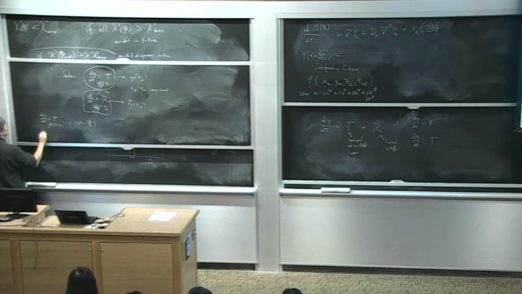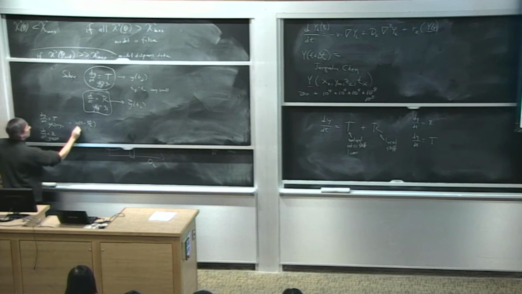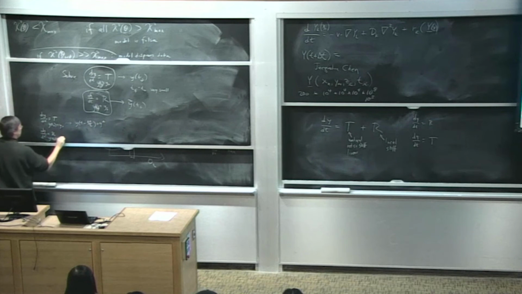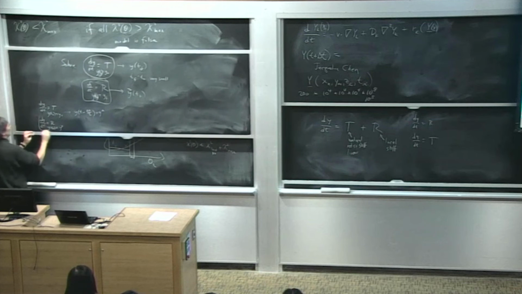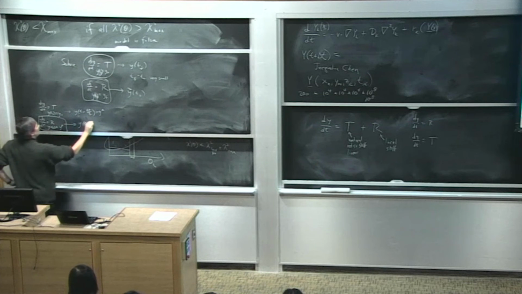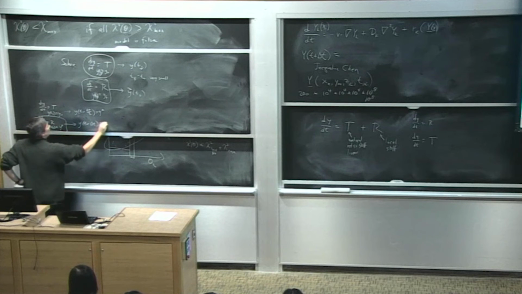Then I solve dy dt is equal to r, starting from y of t naught equal to, call this y star. And this I integrate out to y of t plus the full delta t. I'll call that y double star.